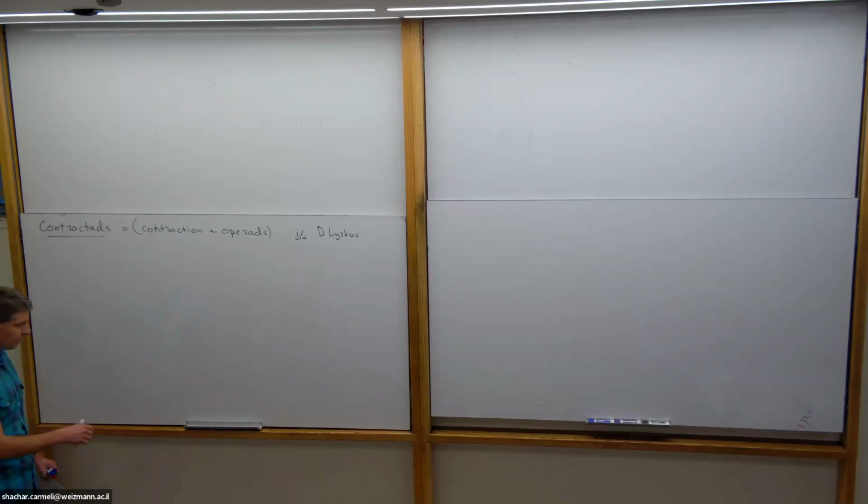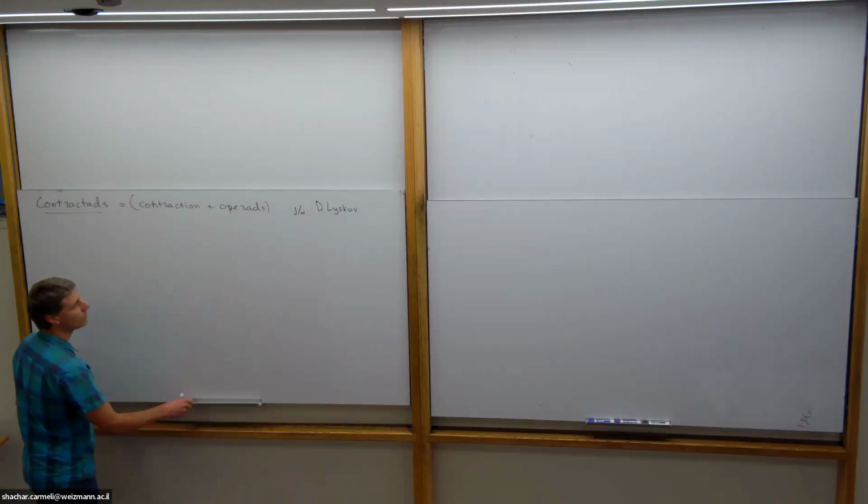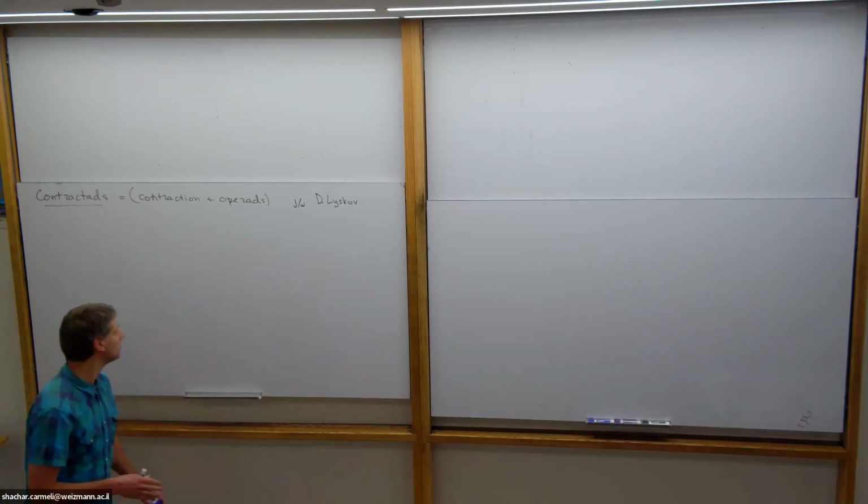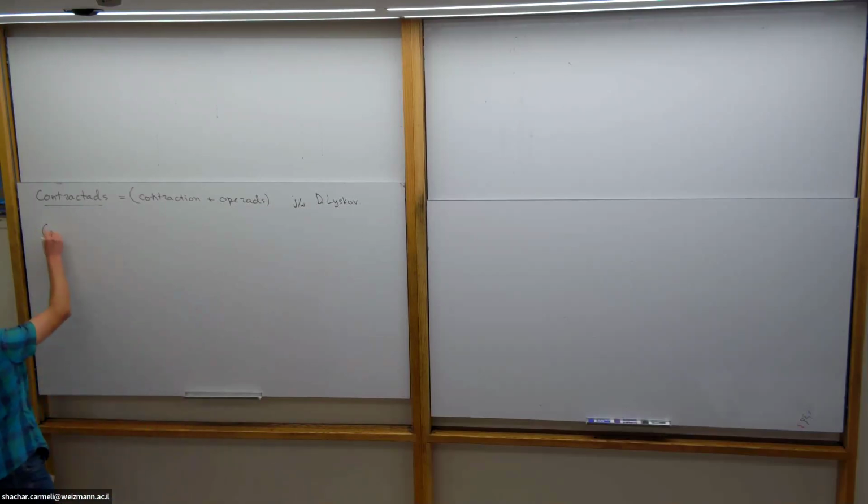So the story begins from the following question, which I'm mostly discussing today, because this is the question about configuration spaces on X. For me, X will be a manifold.